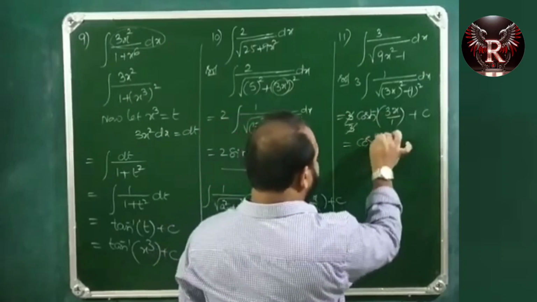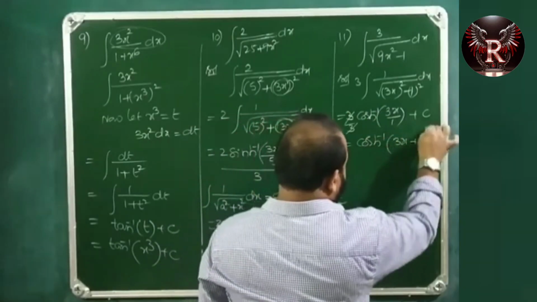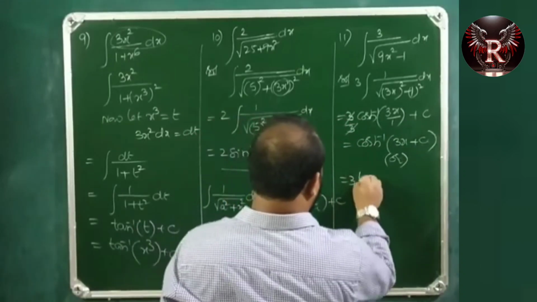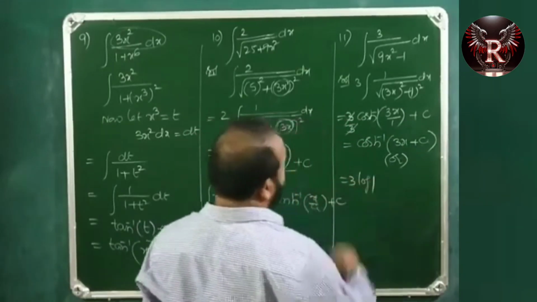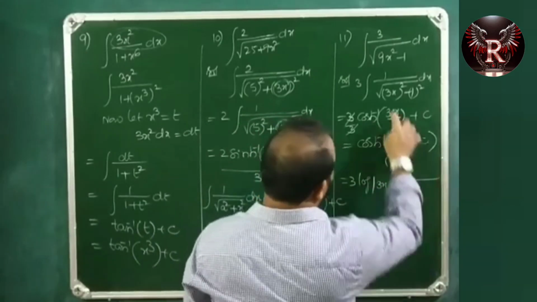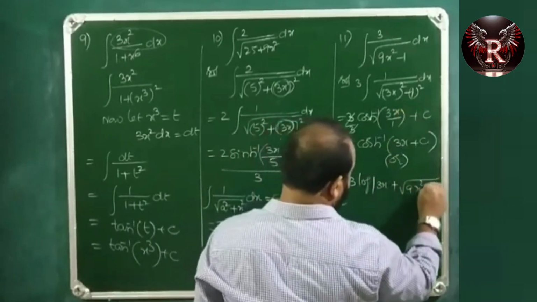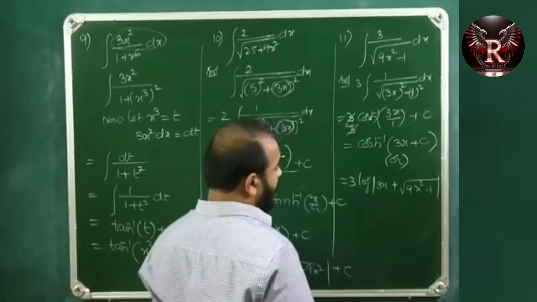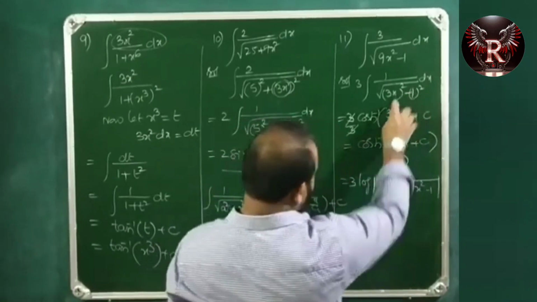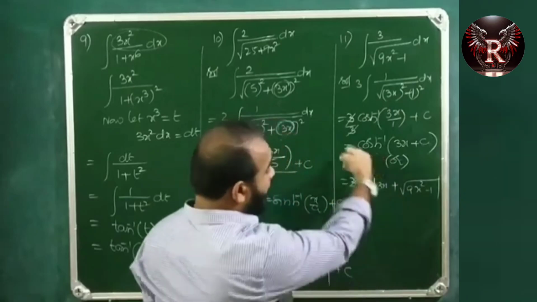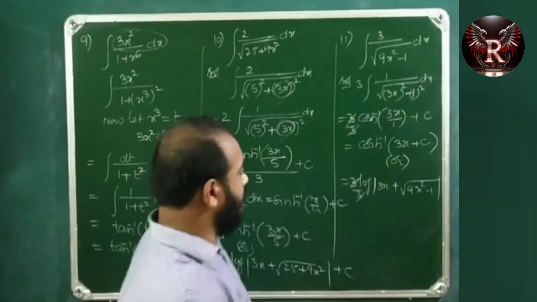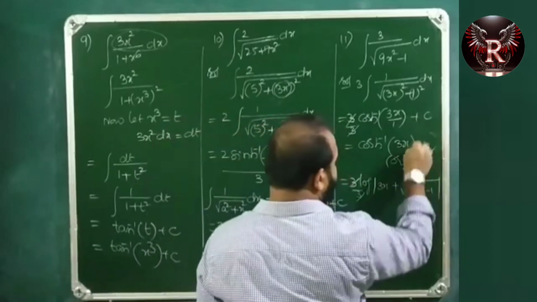So cos h inverse 3x plus c, or we can write it as 3 into log mod x plus, so 3x plus square root of 9x square minus 1, divided by the coefficient of x, which is 3. So both answers are correct. So this plus c is this.